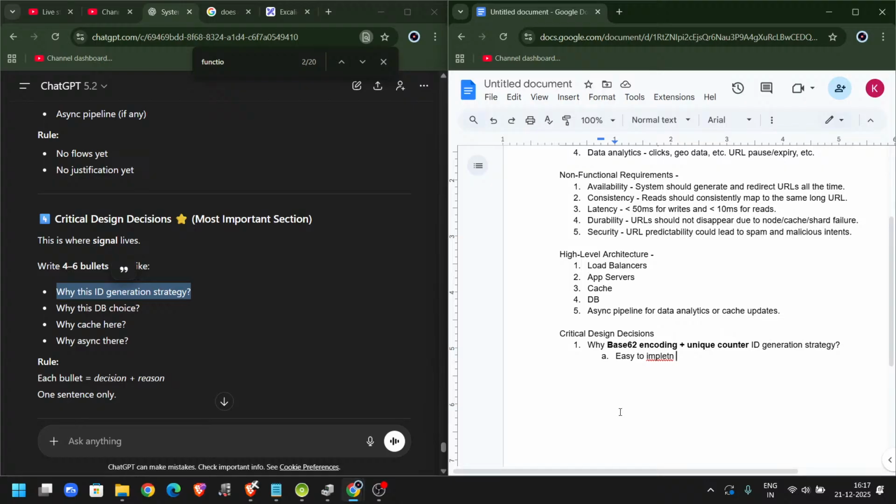I think we went for snowflake design. Why snowflake design ID generation strategy? Easy to implement.